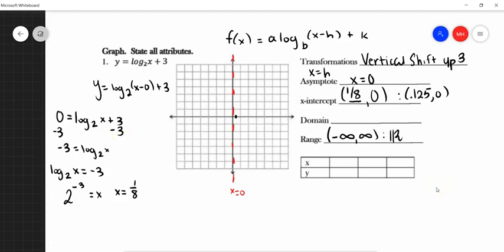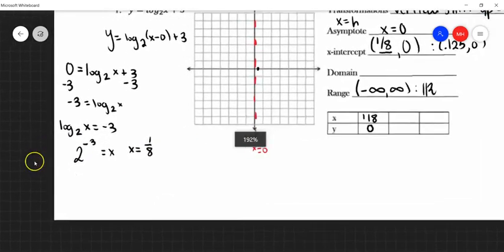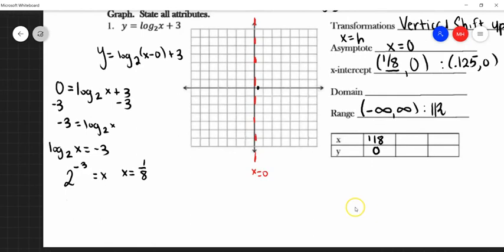So over in my chart, I can go ahead and put in the point 1 over 8, comma 0. And when graphing these, I find it's easier to pick a y value and look for x. So if I say y is 3, then 3 equals log base 2 of x plus 3.